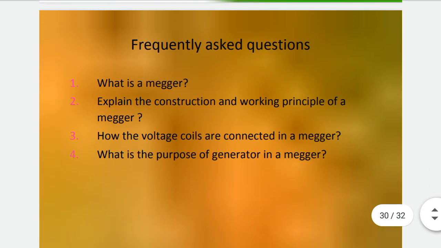The frequently asked questions in the exams are: What is Megger? Explain the construction and working principle of Megger. How are the voltage coils connected in a Megger? We have two voltage coils, 90 degrees apart. What is the purpose of the generator in Megger?